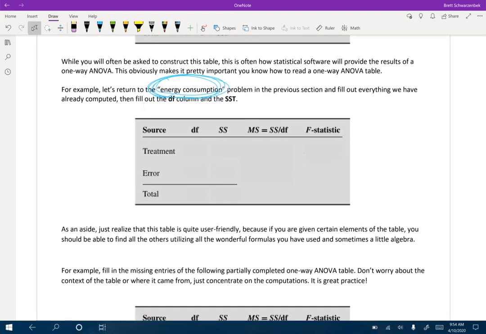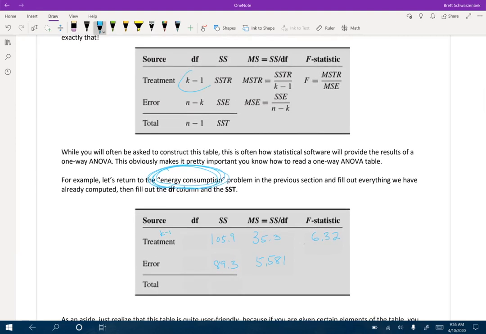So if we fill it out from how we calculated it, our test statistic was 6.32. Our MS values were 35.3 and 5.581. Our SS values were 105.9 and 89.3. For k minus 1, this is k minus 1 right here, so that's 4 minus 1, which is 3.